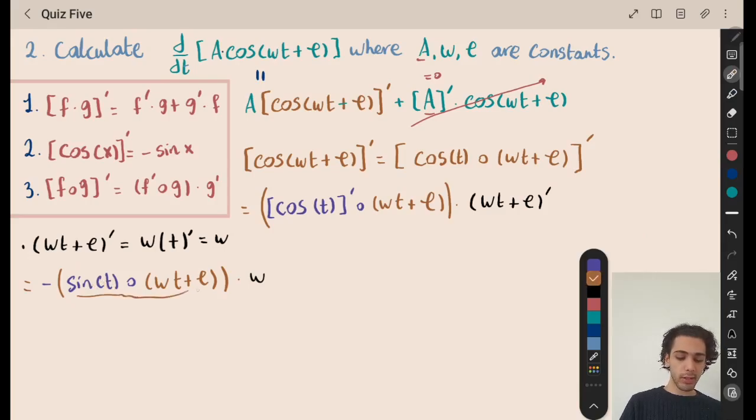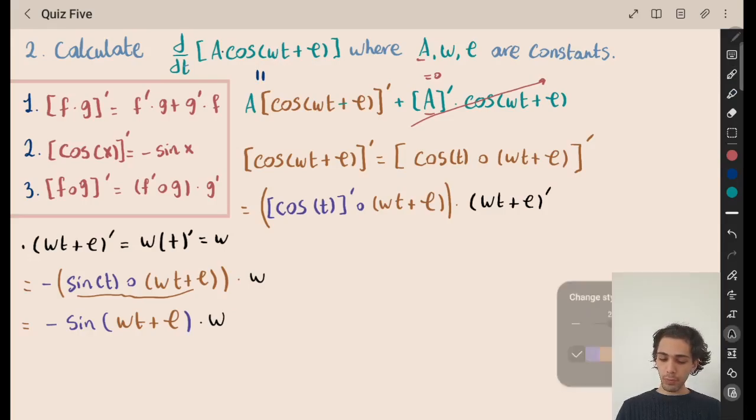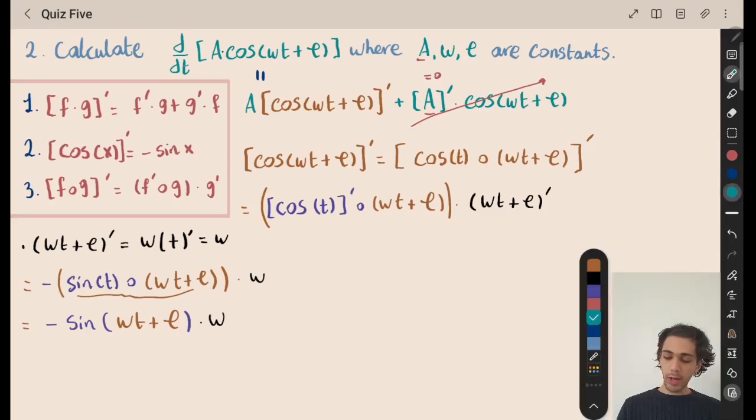Then I just need to plug this in, which gives me minus sine of omega t plus phi, and then you're multiplying by omega again. This is that derivative, and then we just need to multiply it by a, and we're done, because the other part is 0.